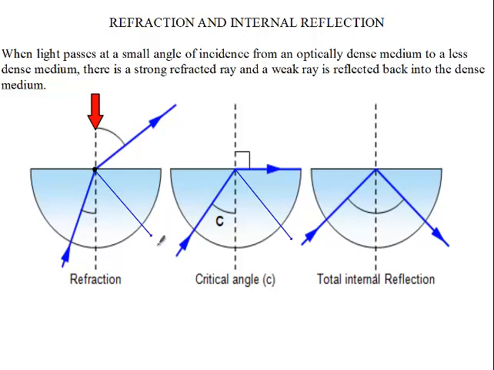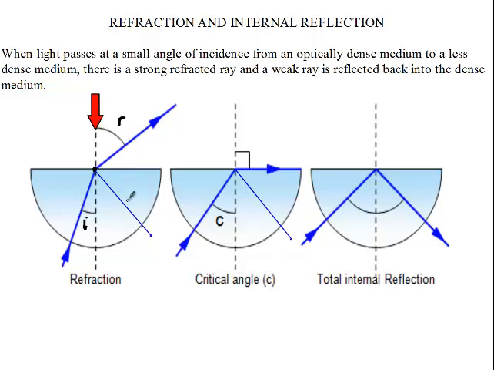So here two things are taking place. At a small angle, there is a strong refracted ray, and then a weak ray is reflected back into the dense medium. If you can see over here, the incident angle i is smaller than r, which means that from a denser medium to a less dense medium, i is smaller than r because the refracted ray bends away from the normal.